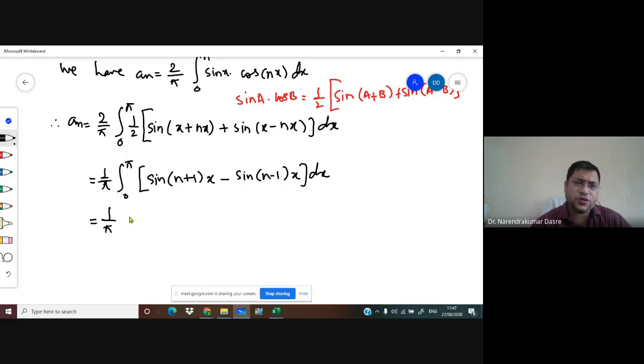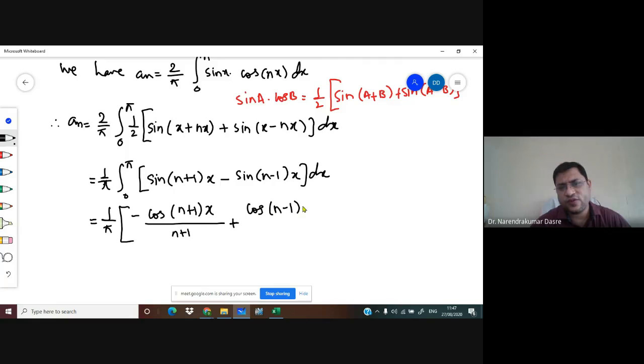Now integrate. So 1 upon pi, then you'll be having minus cos of n plus 1 x upon n plus 1, minus, this will be again minus minus plus, cos of n minus 1 x upon n minus 1, and the limits are 0 to pi.